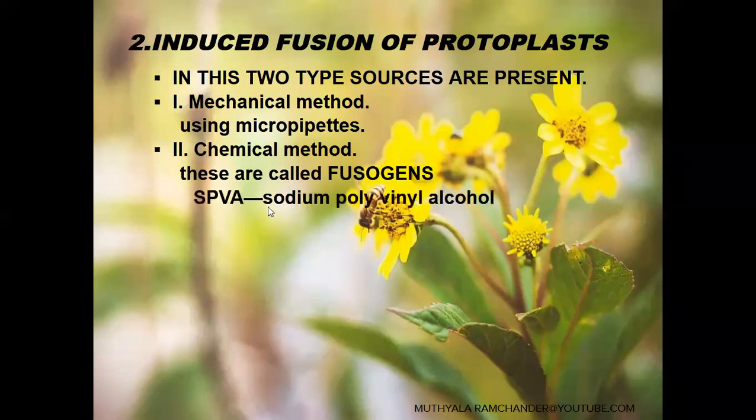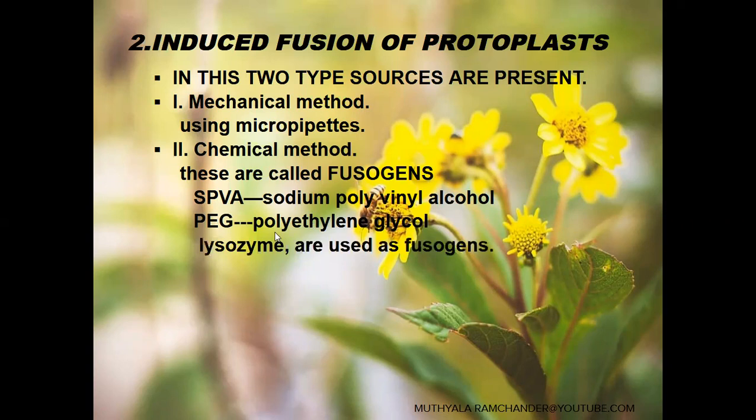The fuse agents are available in our local market like SPVA, sodium polyvinyl alcohol, and PEG, polyethylene glycol. These are the fuse agents. Including these fuse agents, lysozymes are also used as fuse agents. We used chemicals as fuse agents for the protoplast fusions.